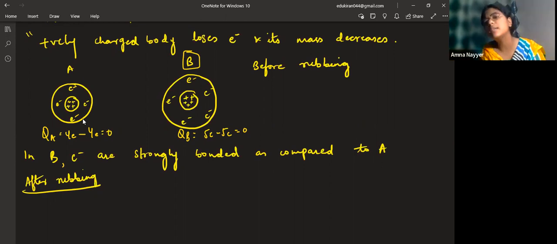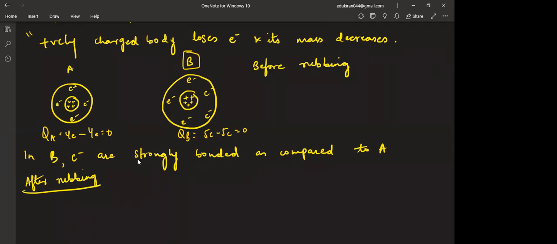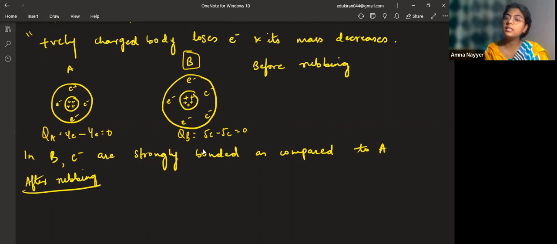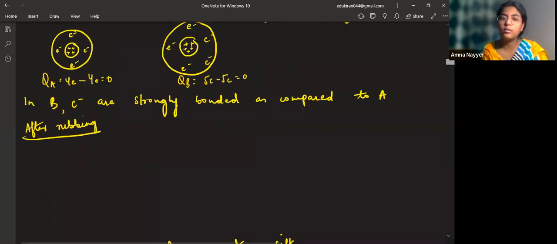This is just a random condition that I am giving you, that electrons in B are strongly bonded as compared to A. So is it easier to remove an electron from A or B? From A, yes. It is easier to remove electrons from A.